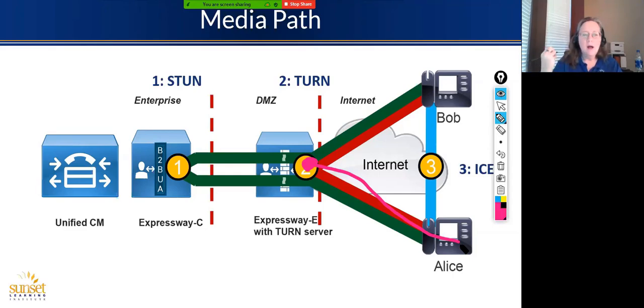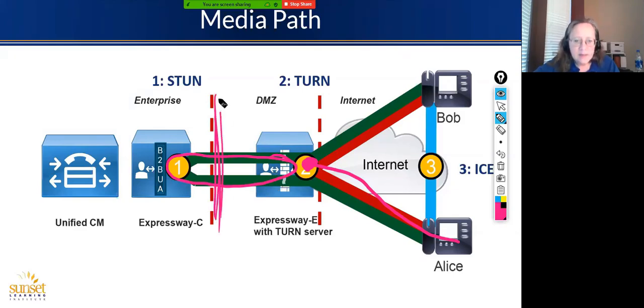So it is verifiable by my PC and by my phones. So it's encrypted here. The Expressway E then will decrypt it and encrypt it again to send it over this traversal tunnel between the Expressway C and the Expressway E.